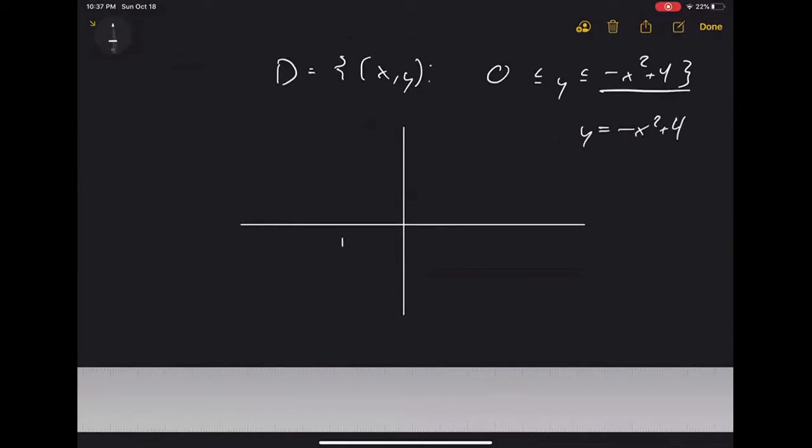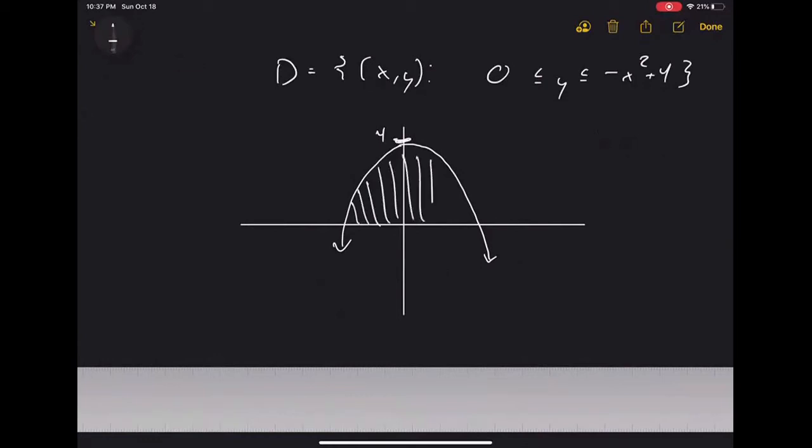That's the downward facing parabola. It goes like this. And y greater than or equal to 0 means y is above the x-axis. So what is our one possible region? It's this stuff. So this is our region, but the question is, what are our x bounds? What are our a and b?